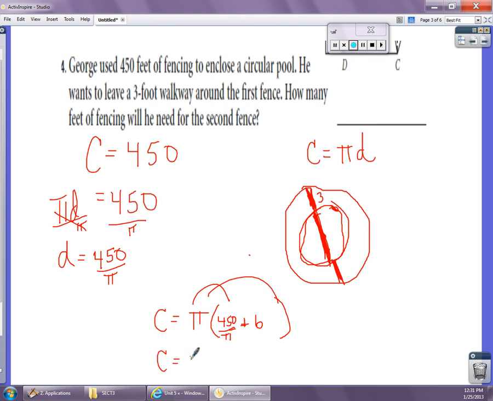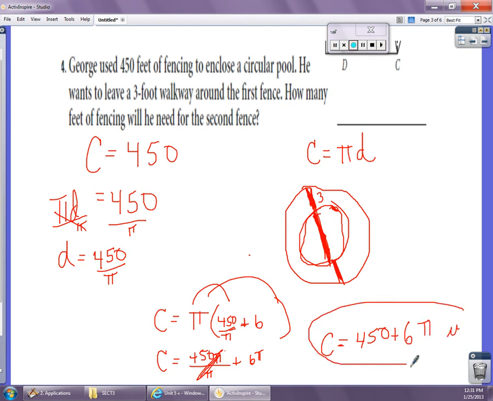So you get 450 pi over pi plus 6 times pi is 6 pi. Well, let's simplify this a little bit. Those pi's cancel out, and I'm left with an exact answer of 450 plus 6 pi units. And that's how you're going to get that one. If you want to know an approximate answer, then you're just going to have to do on your calculator 450 plus 6 pi.